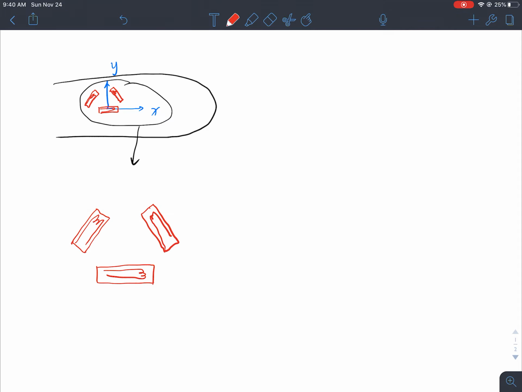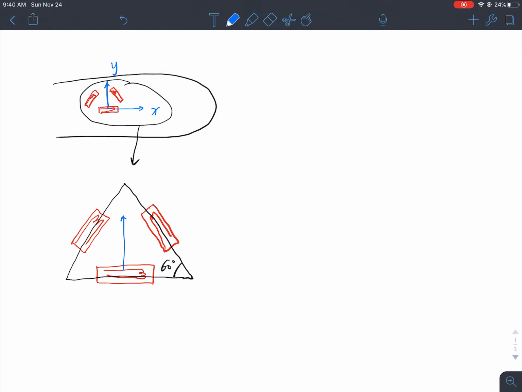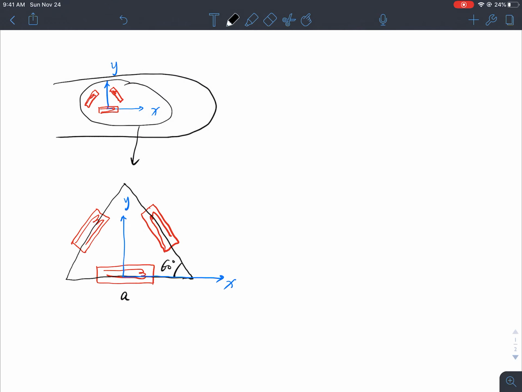The orientation follows this triangle right here, and this is 60 degrees. So needless to say, if I set my XY like this, for these three strain gauges, let's name them A, B, and C.